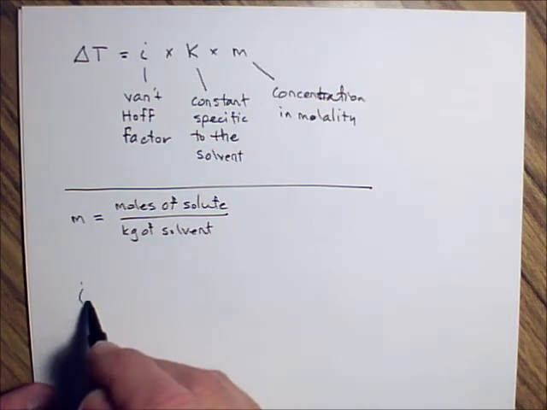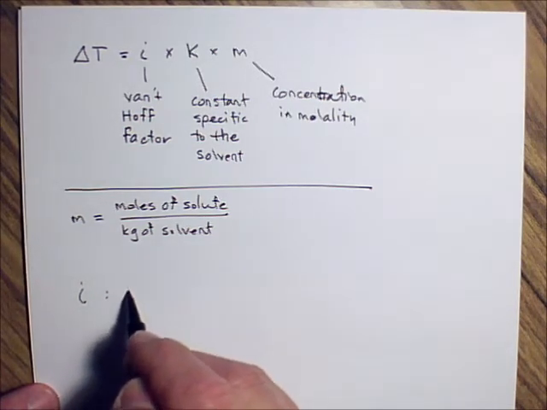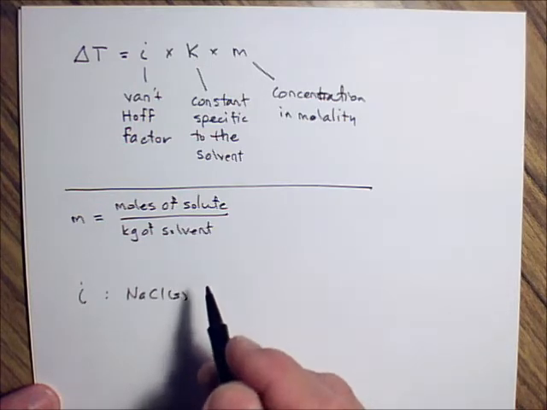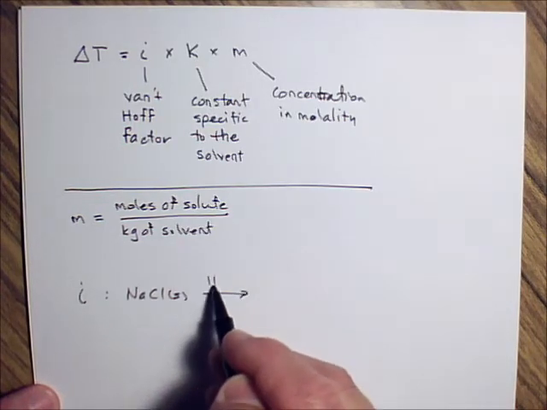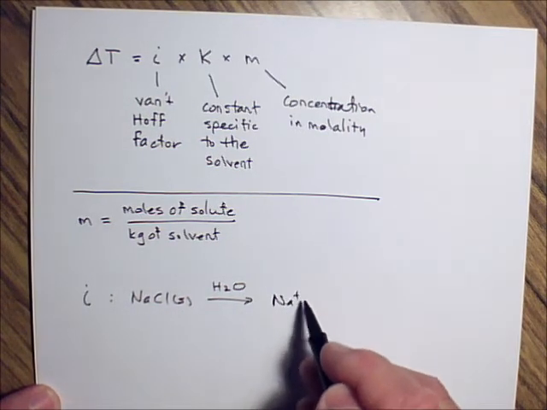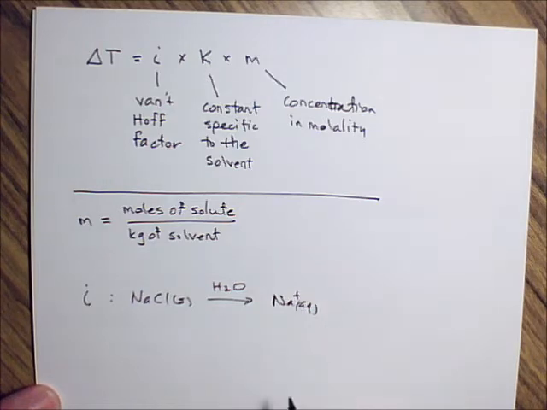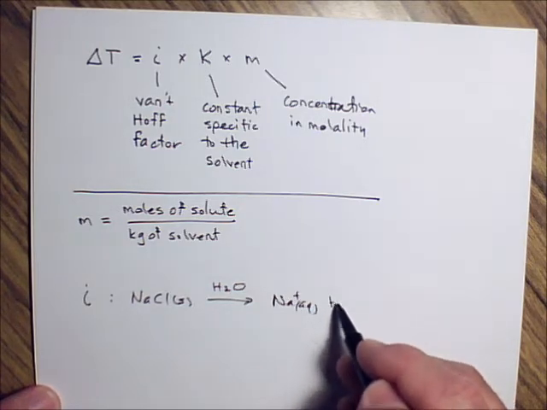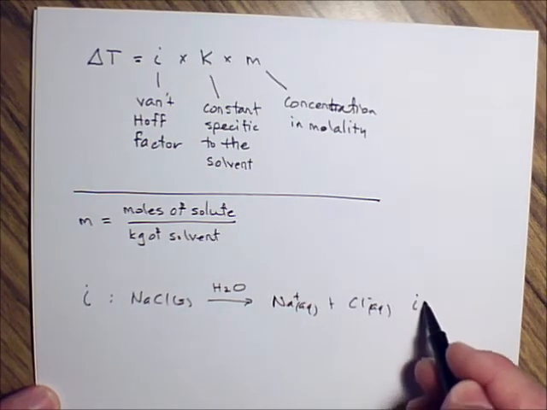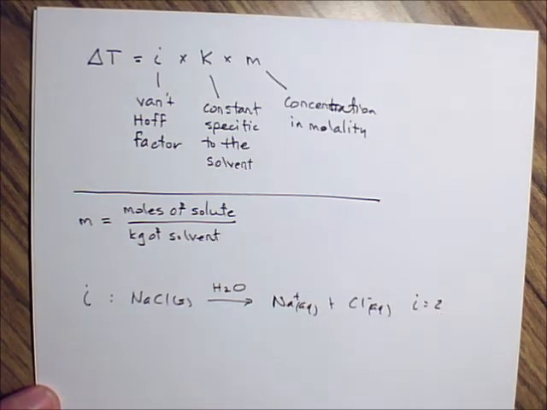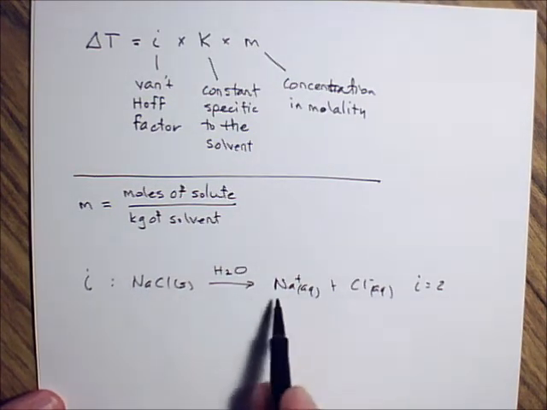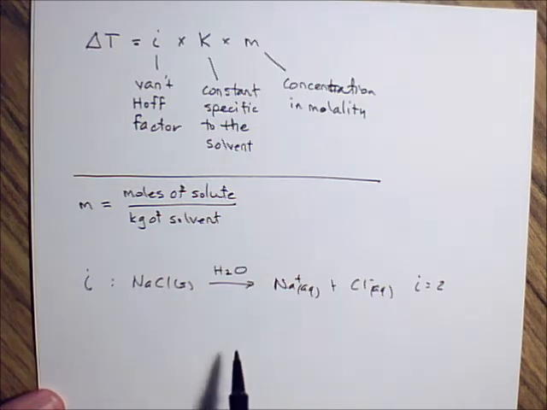So for NaCl, if I've got solid sodium chloride, table salt, and I put it in water, I get Na+, the sodium ion, and a chloride ion, so i equals 2. How many particles did I break this formula unit into? 1, 2.